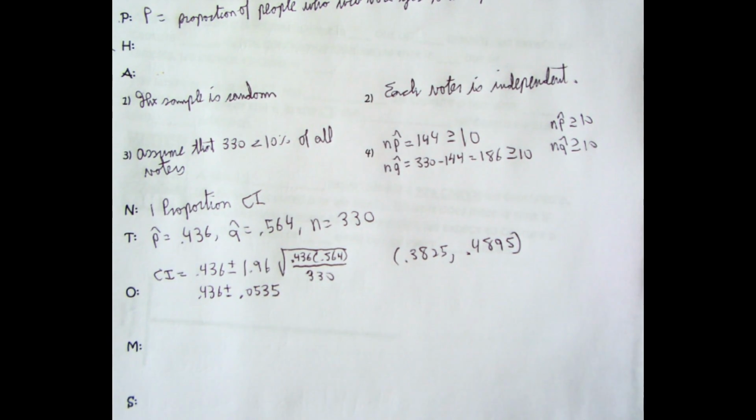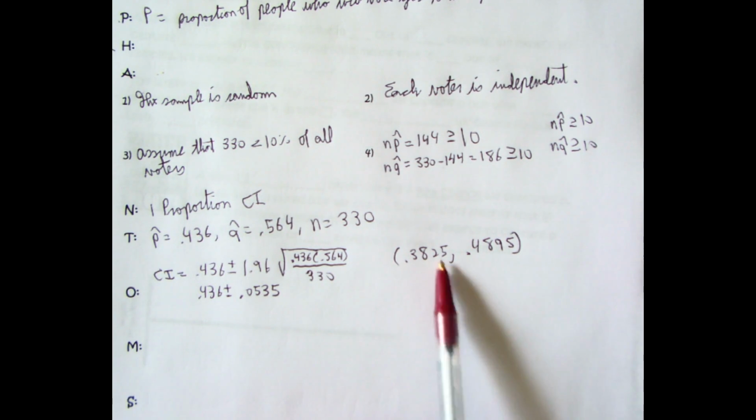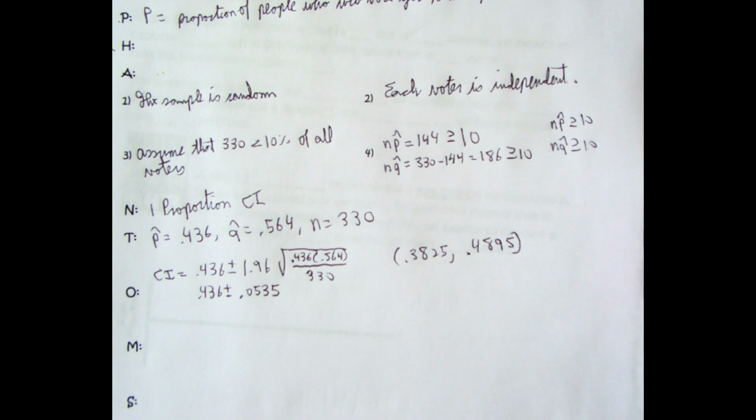So, based on this, what do we know? Well, what do we think is pretty likely to happen? Well, what we know is we're 95% confident that P is somewhere in this interval. So that's the actual proportion of people in the entire town that are going to vote yes to the upcoming school budget.